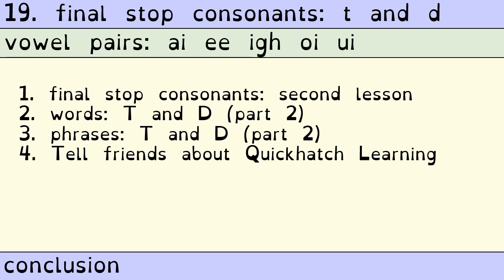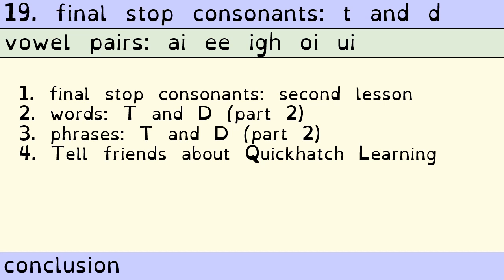We are at the end of the video. Let's sum up today's lesson. 1. Final stop consonants, second lesson. This is our second lesson featuring final stop consonants. 2. Words, T and D, part 2. Lesson 18 was part 1 of words with T and D coming after vowels.